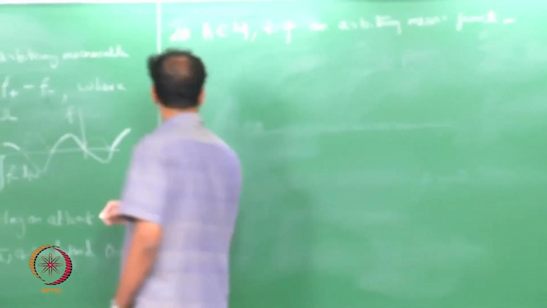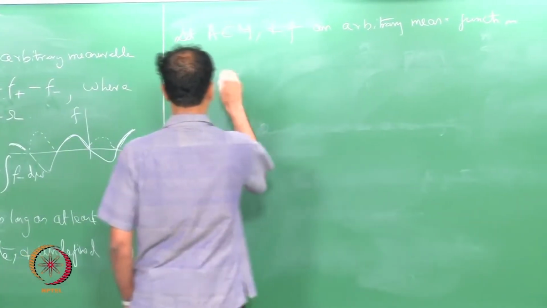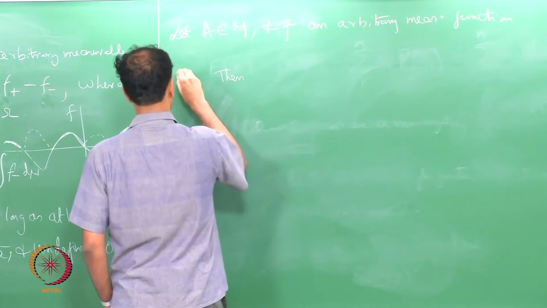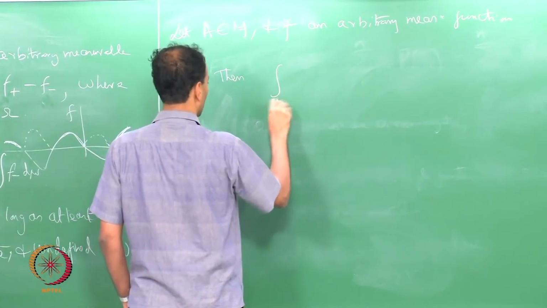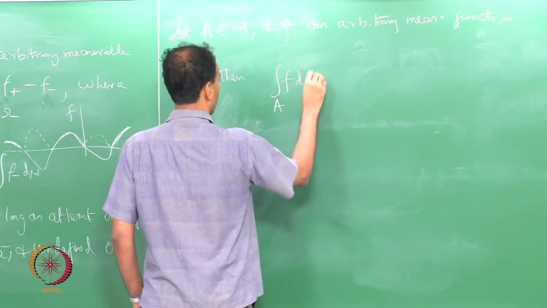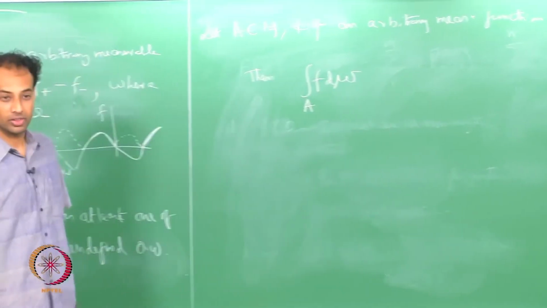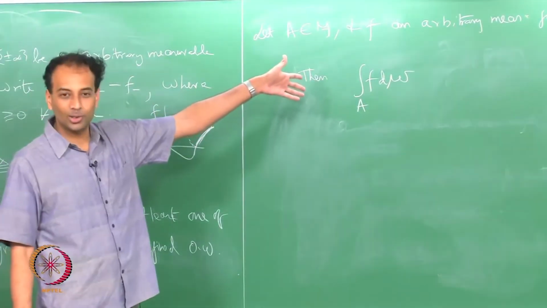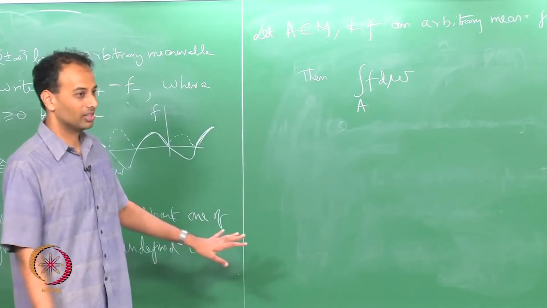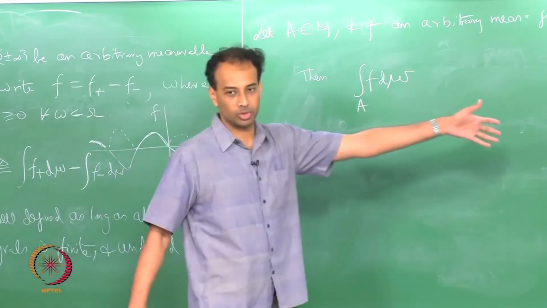Then the integral over A of f d mu, that is what I want to define. If I define that also, I am done defining everything that I wanted to define, then I can continue with properties.